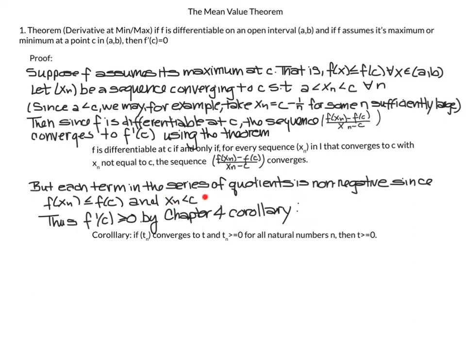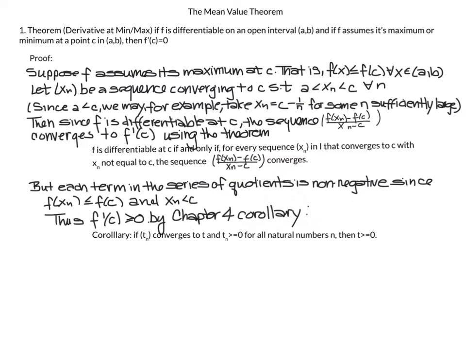Also, we chose xn to be less than c. In other words, it's a sequence that approaches c from the left-hand side. So since xn is less than c, the bottom part of the quotient is negative, so this whole quotient is non-negative for each term.